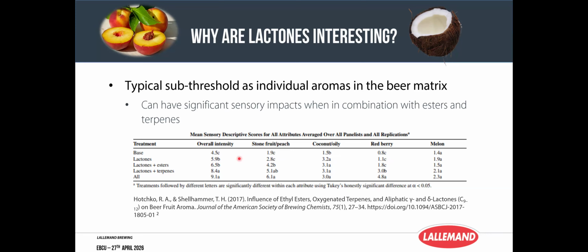And again, with lactones and esters, lactones and terpenes, you see that these lactones have a synergistic effect with the louder counterparts of aromatic molecules. So they can have very significant sensory impacts in combination with esters and terpenes.